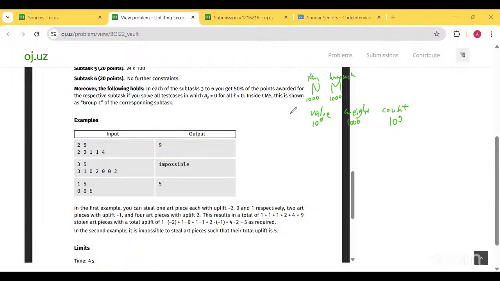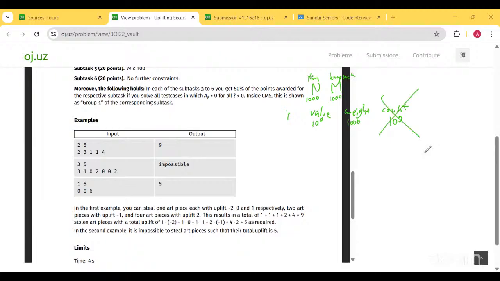For each item, we know the value, the weight, and the count. So how to solve this? Do you have any idea?